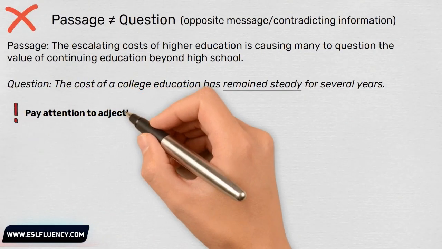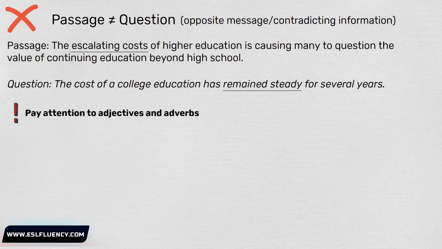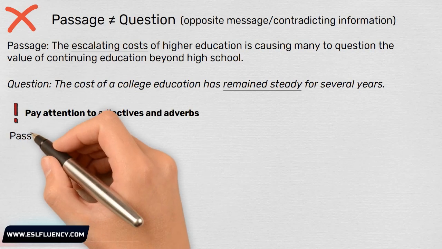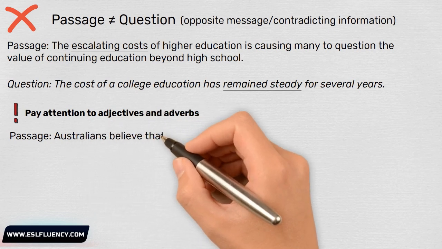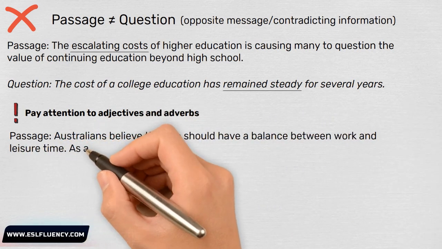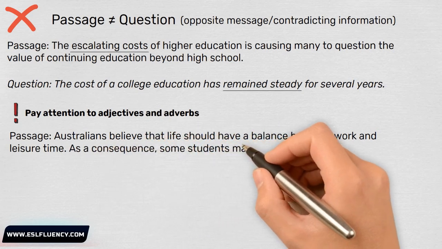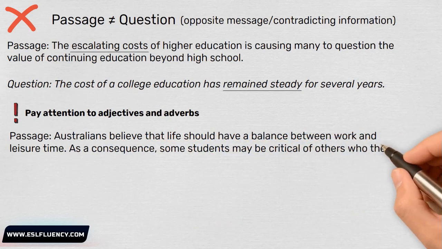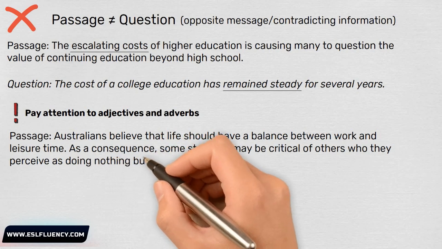Sometimes you need to pay attention to the adjectives or adverbs that describe nouns or verbs. For example, Australians believe that life should have a balance between work and leisure time. As a consequence, some students may be critical of others who they perceive as doing nothing but study.